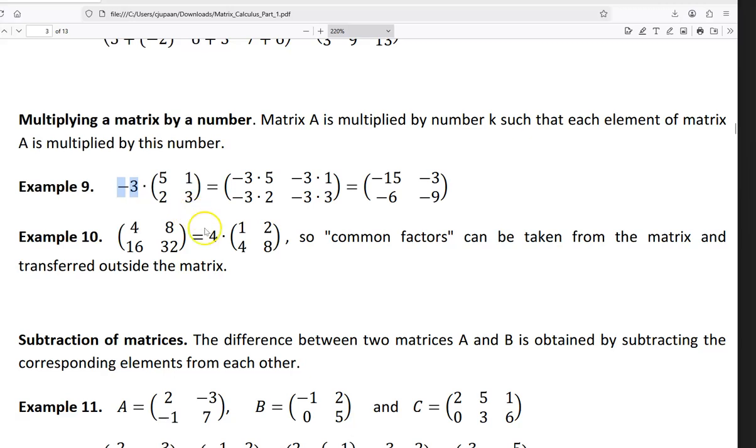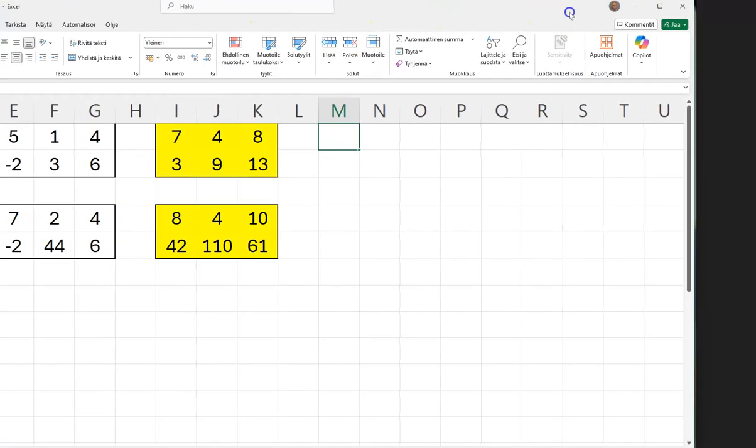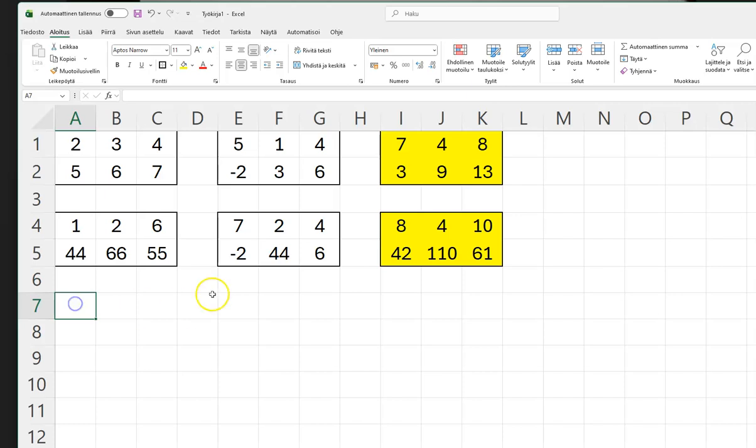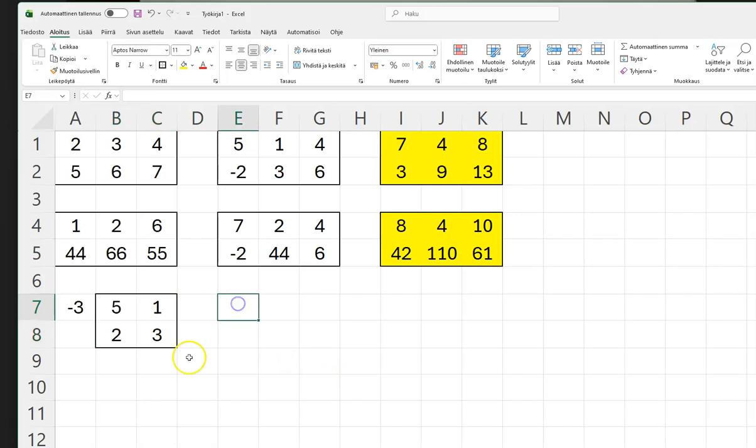In Excel, this is actually not so easy to do, because if you want to do this kind of calculation with Excel, I will do that here. If I, for example, have this number -3 and I want to multiply it with this matrix, this multiplication has to be done.